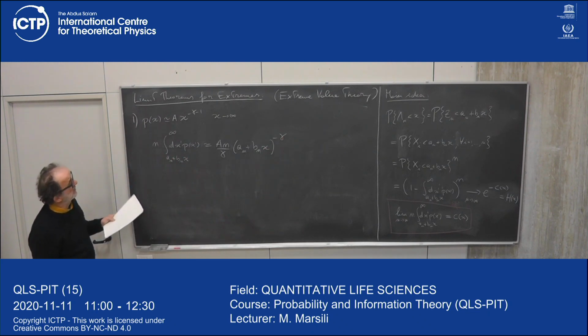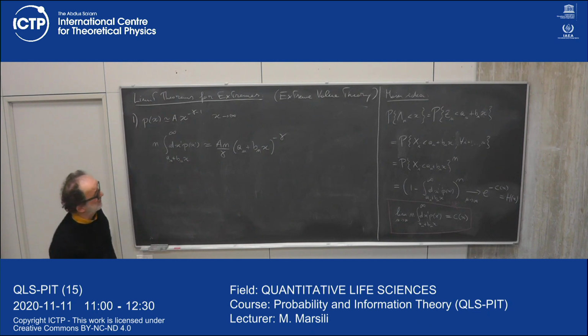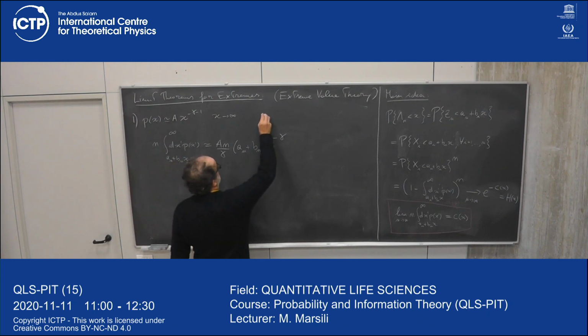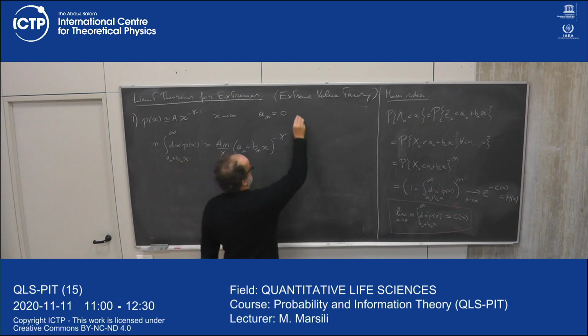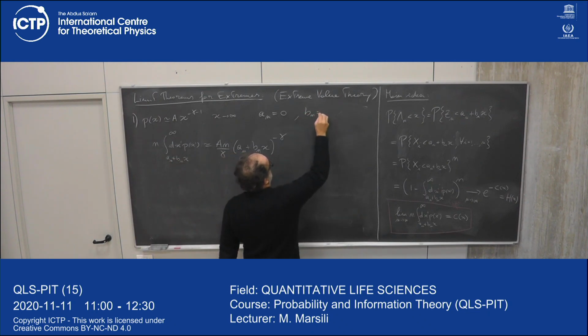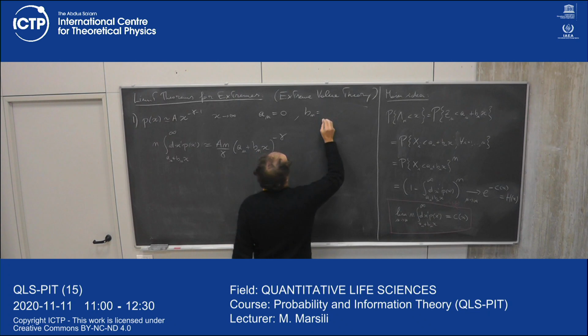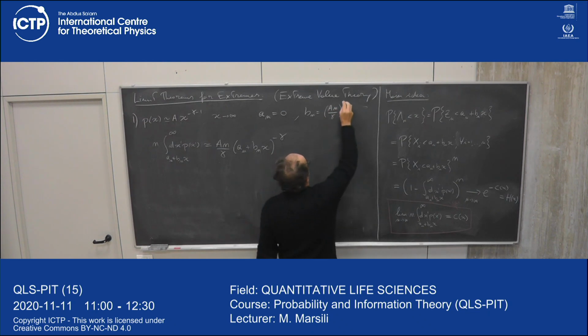Now, if I want to make this finite, you see that I can take an equal to 0, and then I can take bn to be a n over gamma to the 1 over gamma.